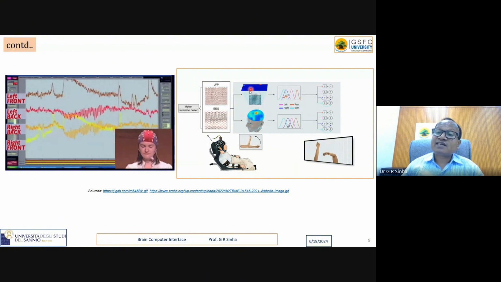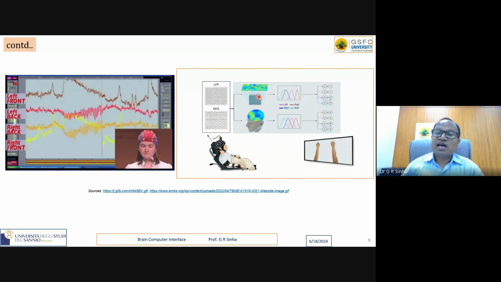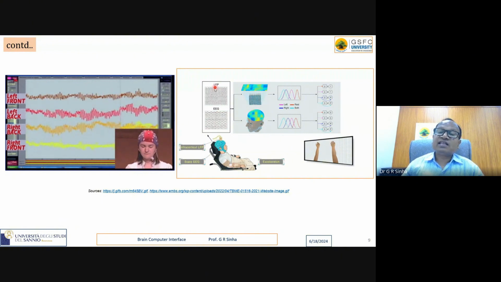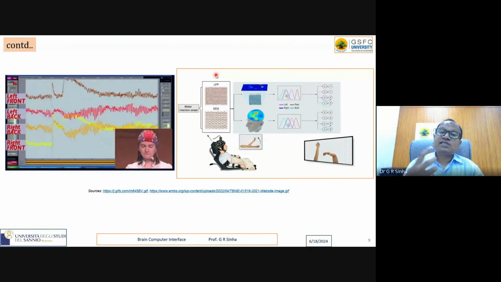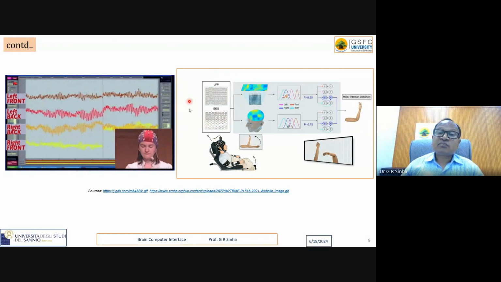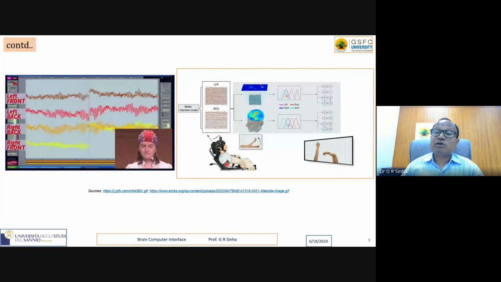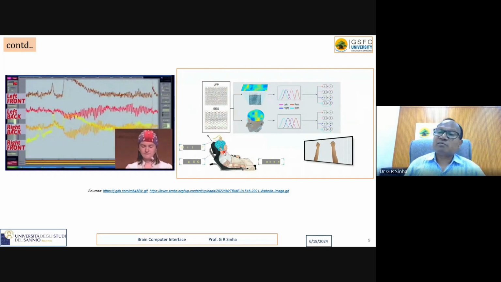This integrated circuit is inserted inside the brain with the help of some surgery, a chip inside the brain, and therefore you get the local field information, which is much better than the EEG, and that can be utilized for applications where you want better cognitive ability, some rehabilitation, some kind of application.